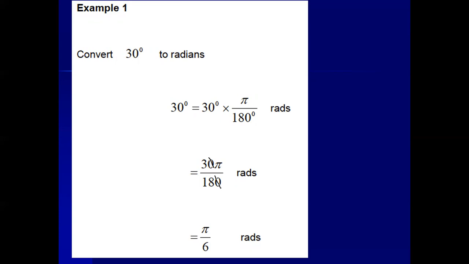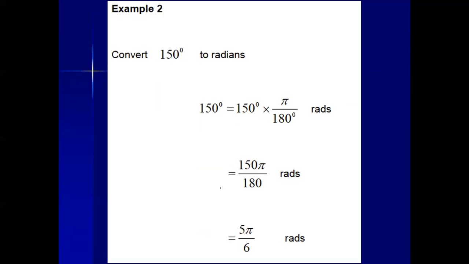Divide by 3, the top is 1. Divide by 3, 18, you get 6. And because it's pi, it becomes an invisible 1. And that's how quickly you can do 30 degrees in radians. Or if you prefer, use the 180 makes pi and work your way through them. It's up to you.